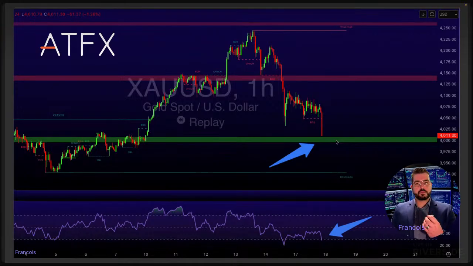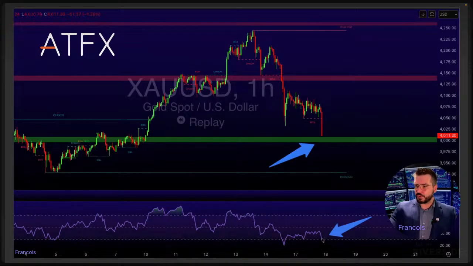Now, price trades down into that zone. You can see literally here it's spiking into the zone, and it's looking to take that liquidity below those previous lows. So here we have those previous lows, spiking into that, taking that liquidity there. And at the same time this is happening, the RSI dips into the oversold region.